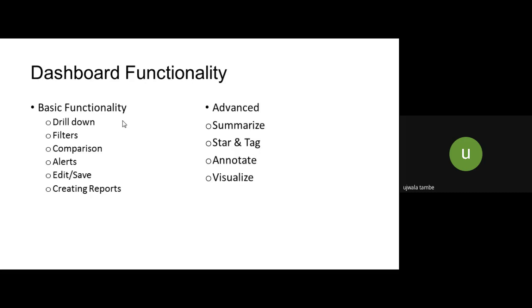They allow users to identify the elements that are most important to them. In that we can use summarize, star and tag, annotate and visualize. So we can use all these options in Tableau while designing the dashboard for a particular data.